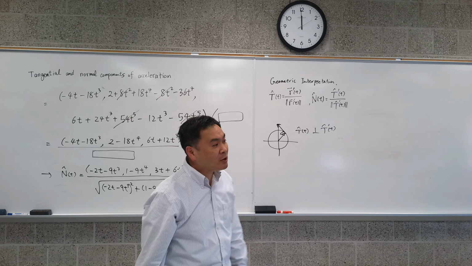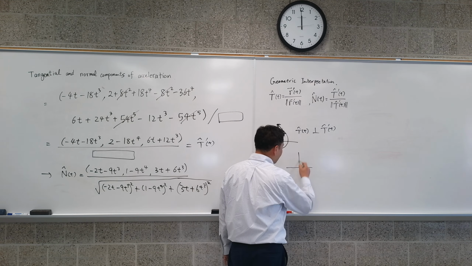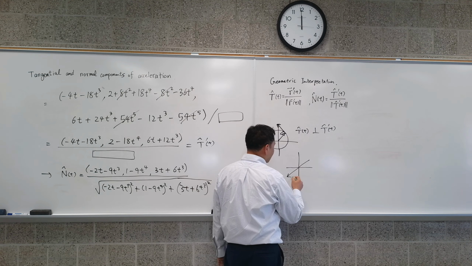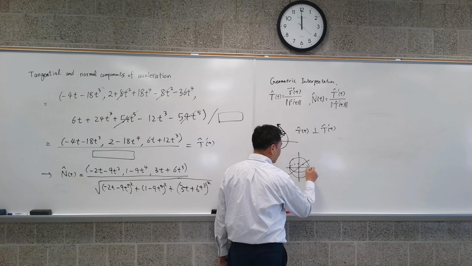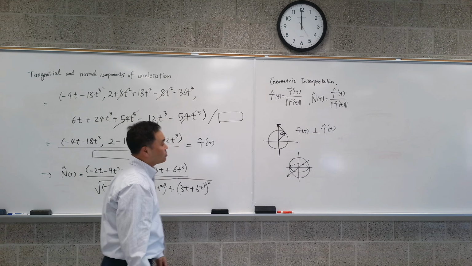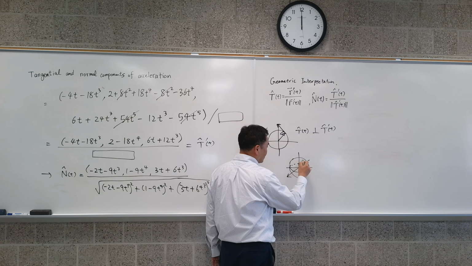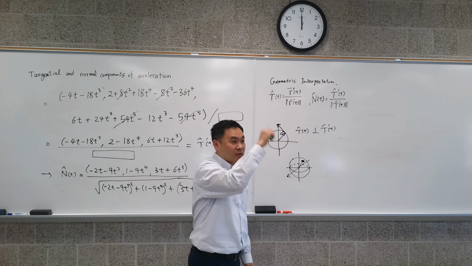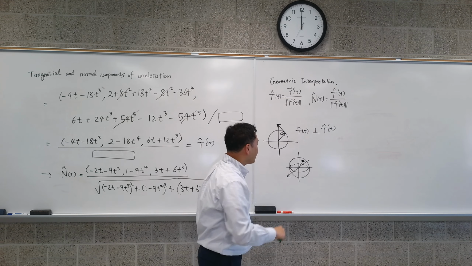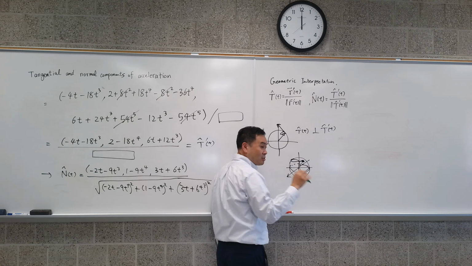Now, think about this in 3D. What about if this is 3D? Well, in 3D, it means that instead of having a circle, you have a sphere. So you have a sphere, and the tangent vector is just moving on this sphere, in any direction. Again, whatever the curve is doing, it might be doing something crazy on this sphere.